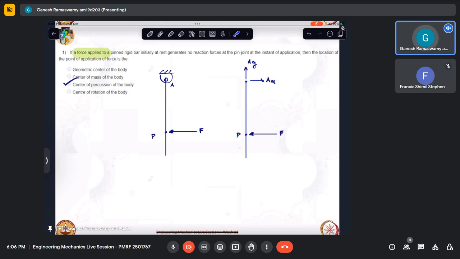So this is not allowed, and there would be a reaction mobilized like that. Secondly, if this was simply translating, it would have gone here. But that is not allowed. So there will be a reaction mobilized like this. These two reactions will nullify each other when you apply the force at this special point called the center of percussion, which is a function of the distribution of mass.